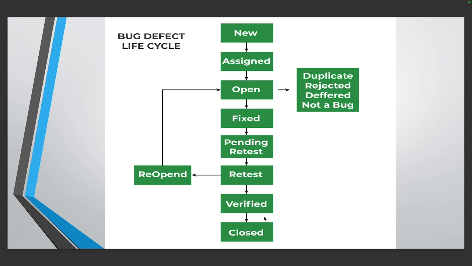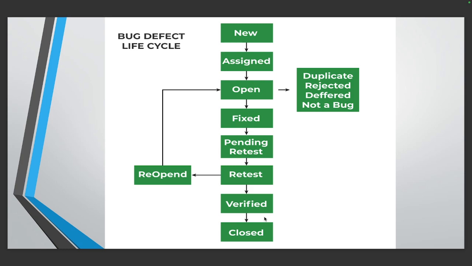So now, the bug life cycle is just like a journey of a bug. It takes from the time someone finds a problem in the software to the time that the problem is fixed and confirmed to be gone.